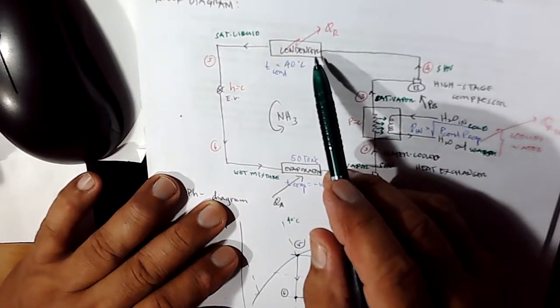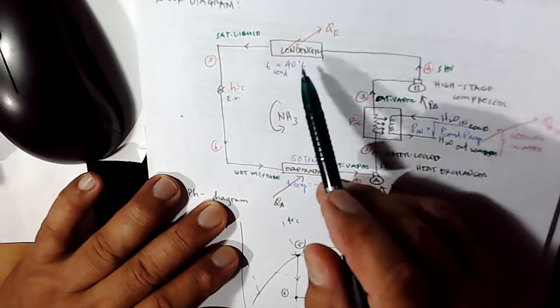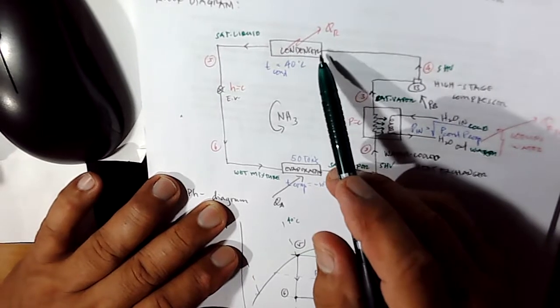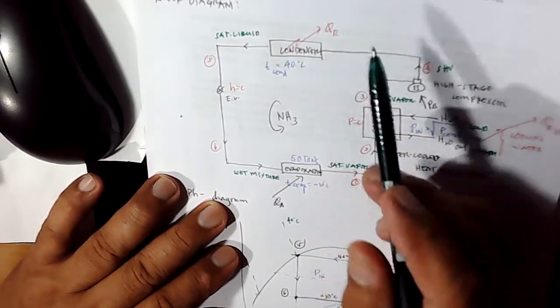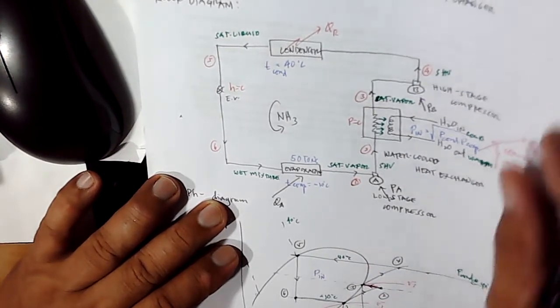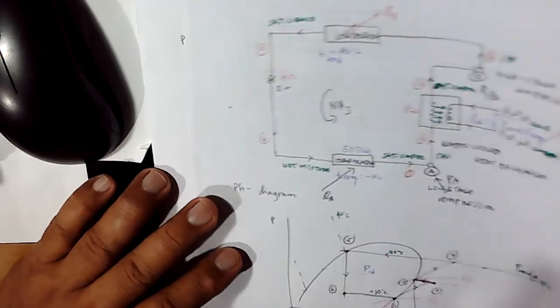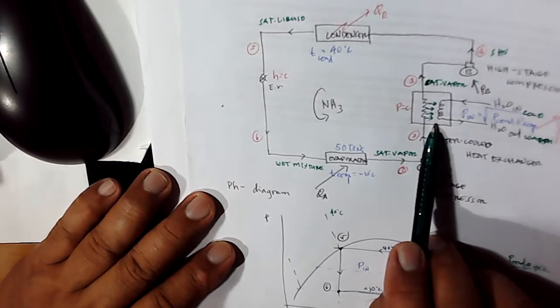If the capacity is not big, if the capacity is medium, then you can use high velocity air. Okay, so that is the system using a closed system water-cooled intercooler.